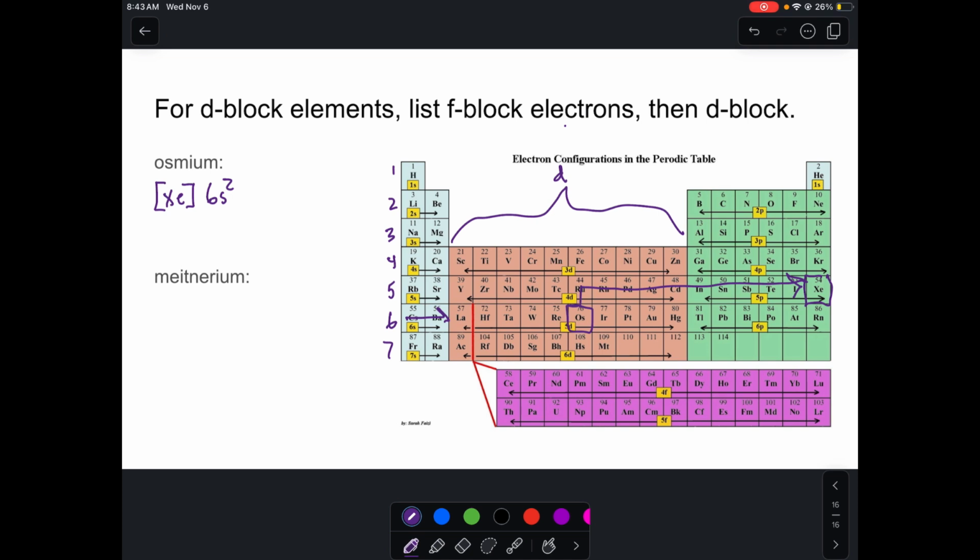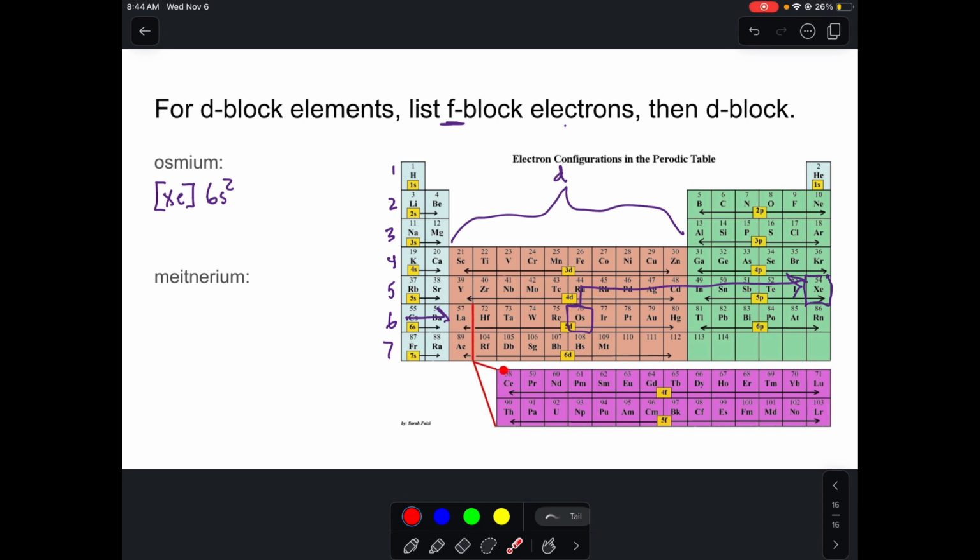Okay, so now we're going to drop down and list the F block, then the D block, because that's going to fill first. So we're going all the way to osmium. We're going all the way from here to here.